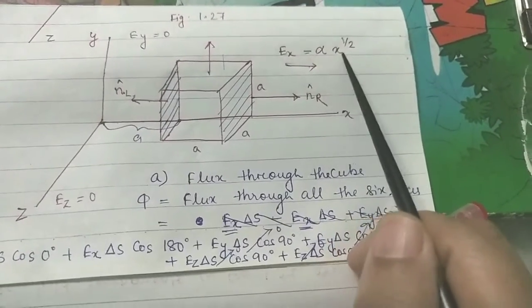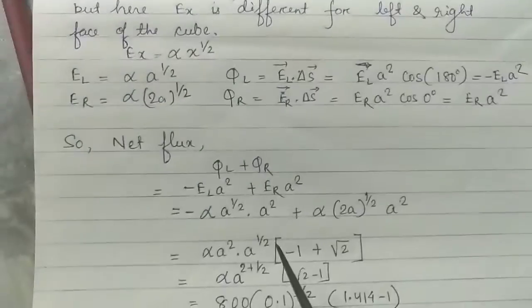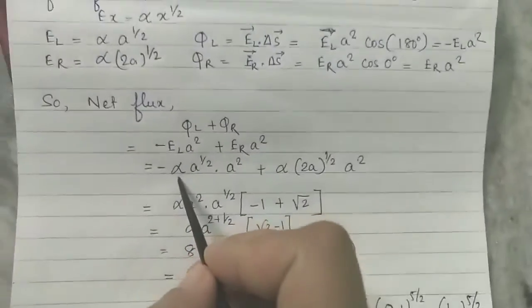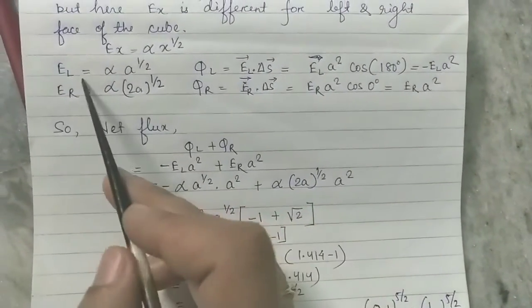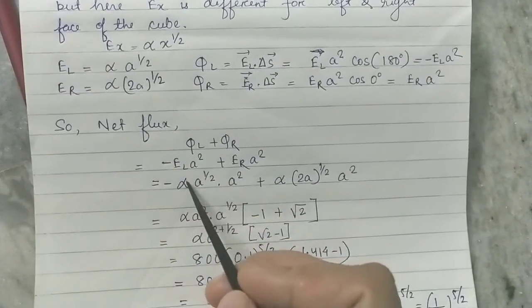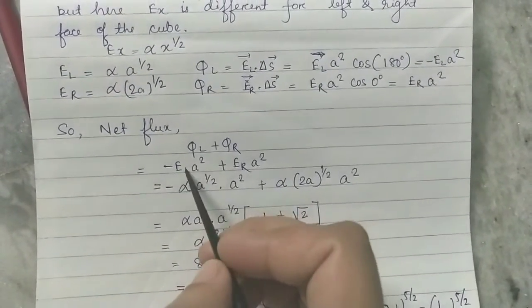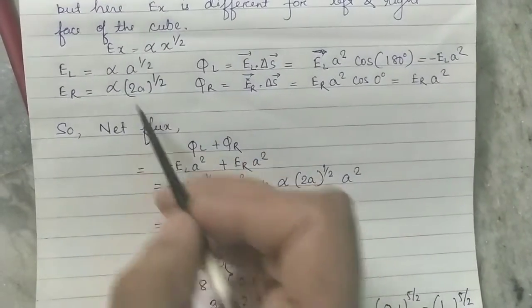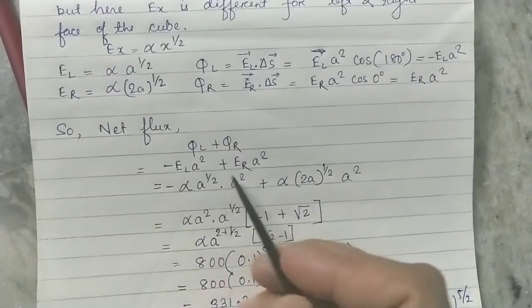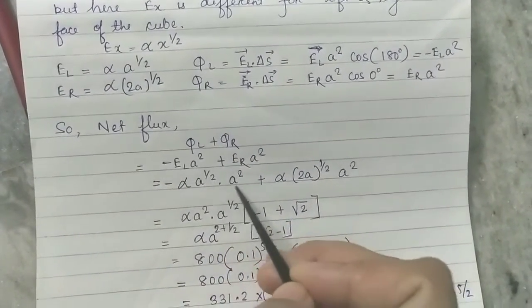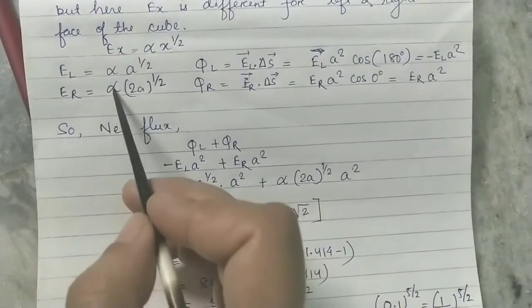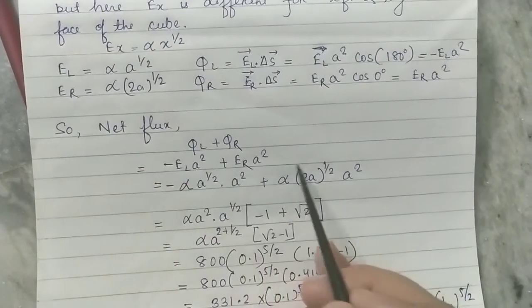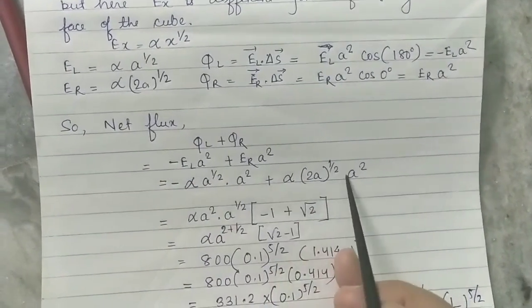E x equal to alpha x to the power 1 by 2. So here we write E L as minus alpha a to the power 1 by 2 times a square, plus again E R equal to alpha 2a to the power 1 by 2 times a square.